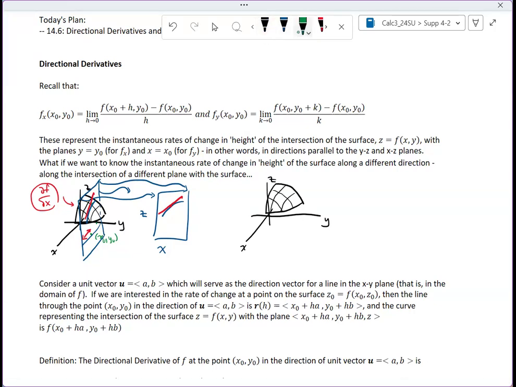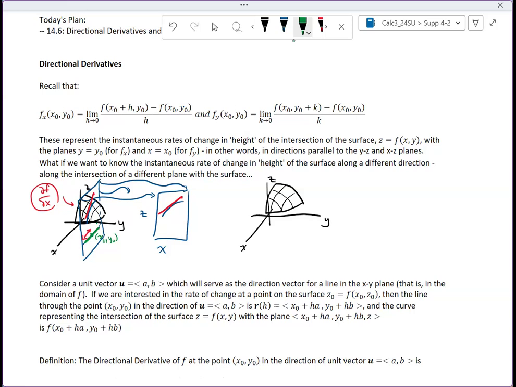And remember, over here in my input space, I was interested in what happened as I varied along this straight line parallel to the x-axis. I held y constant at y naught and moved x from x naught plus a little bit to x naught minus a little bit. Or I did just the opposite for the partial with respect to y.